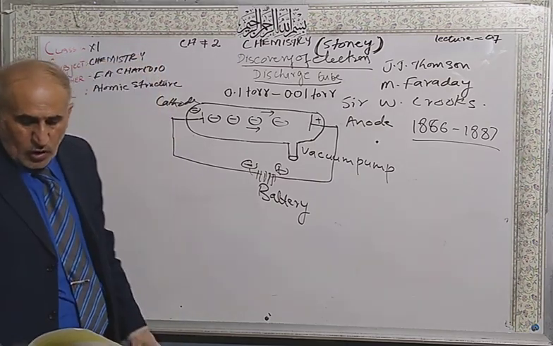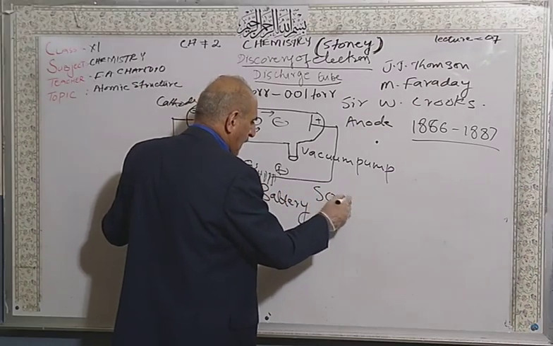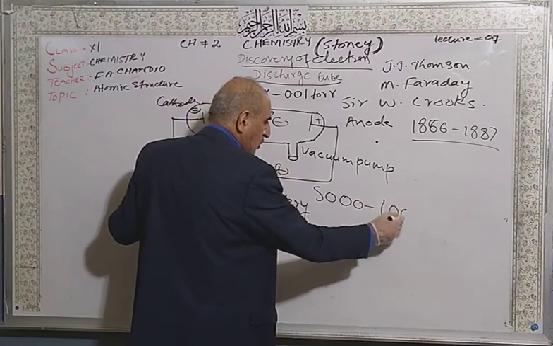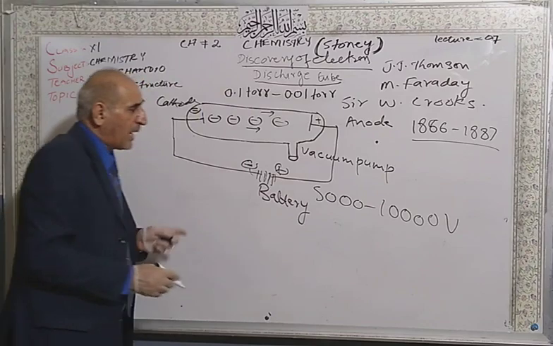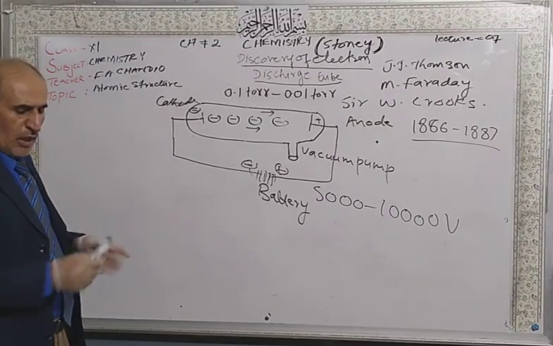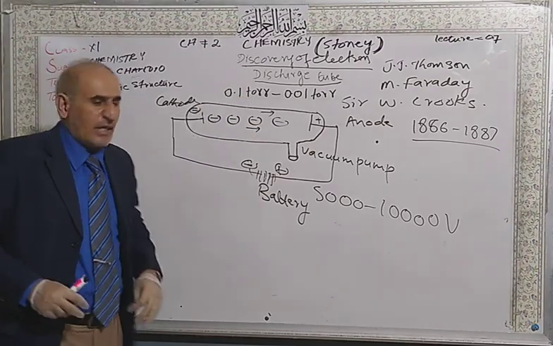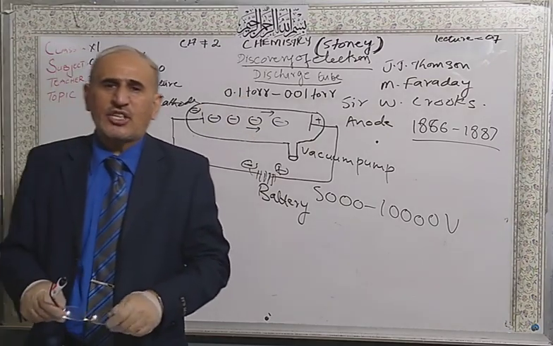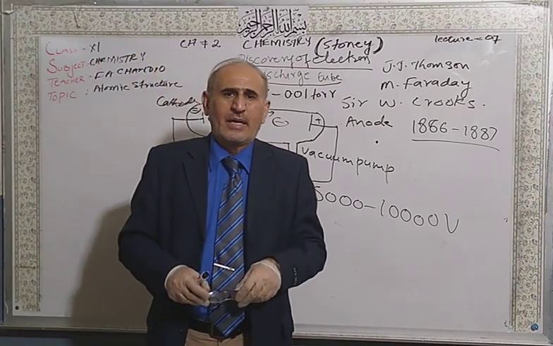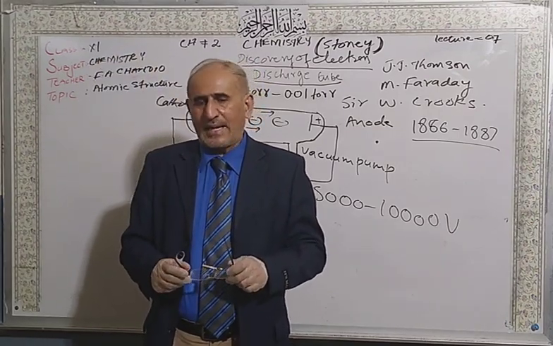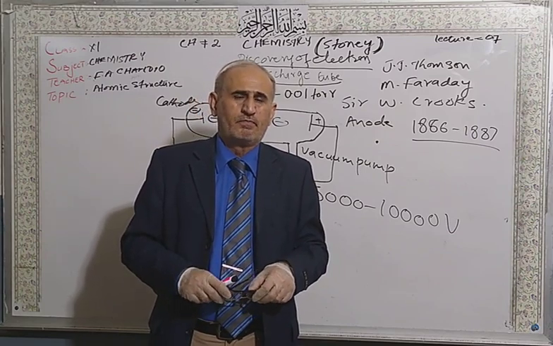Very high voltage, even in the book it is written, about 5,000 to 10,000 volts was applied when passing electric current at very low pressure. So it is now very clear that at normal pressure, gases do not conduct electric current.